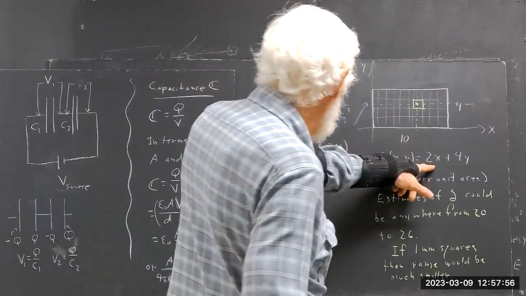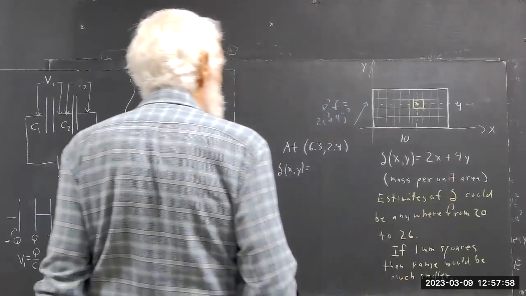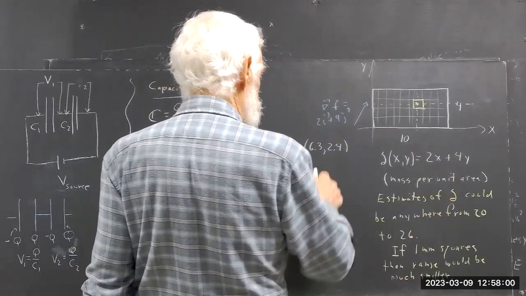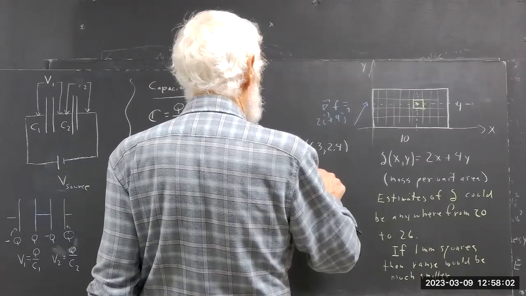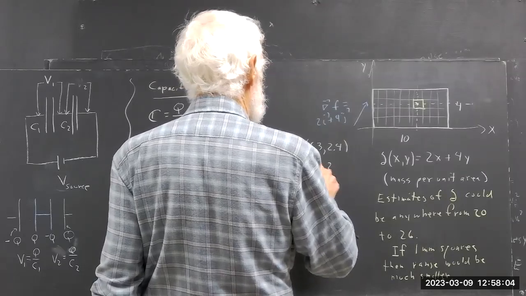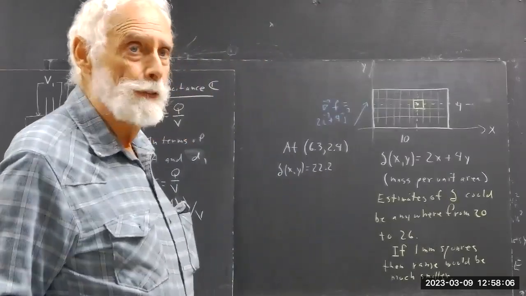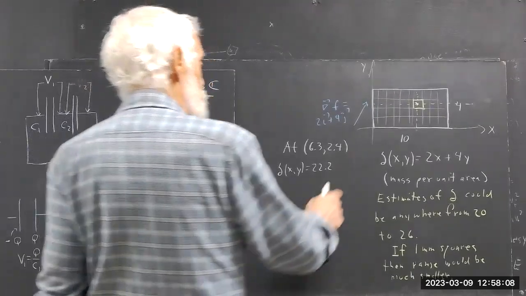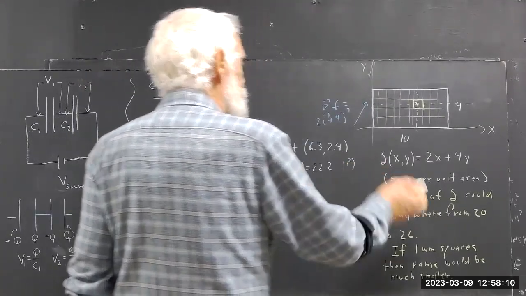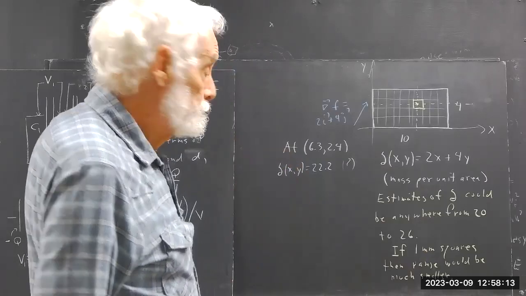And I can plug that in, that's going to give me 12.6. That's going to give me 9.6, it's going to give me 22.2. I think. With a question mark on that. Doesn't matter, it's easy to calculate.